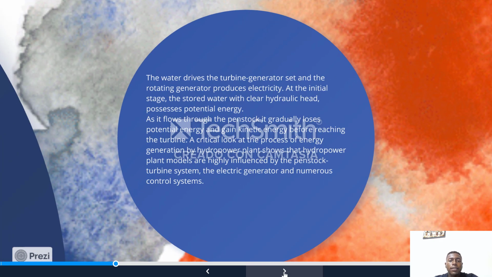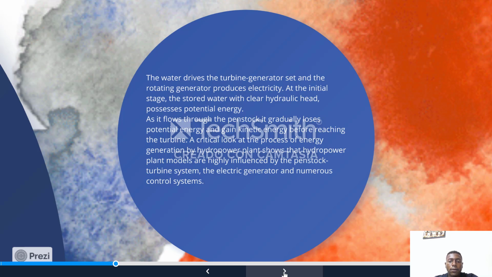The water drives the turbine generator set, and the rotating generator produces electricity. At the initial stage, the stored water with a certain hydraulic head possesses potential energy. As it flows through the penstock, it gradually loses potential energy and gains kinetic energy before reaching the turbine.